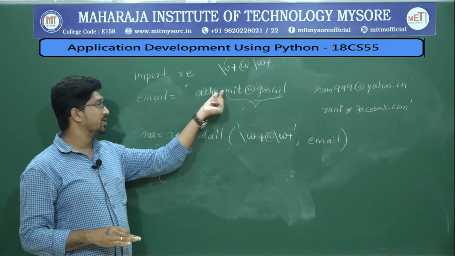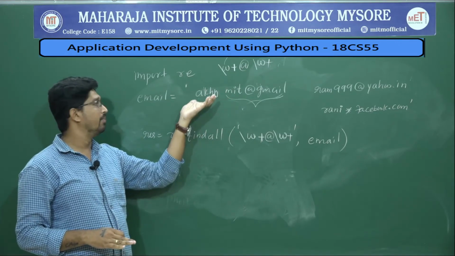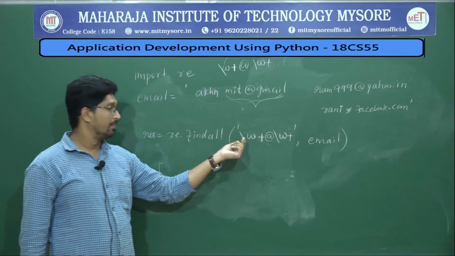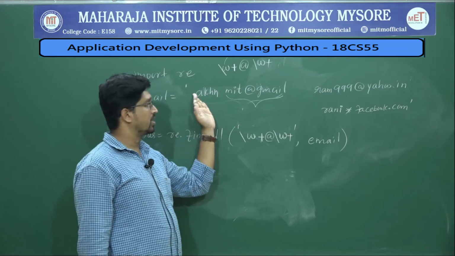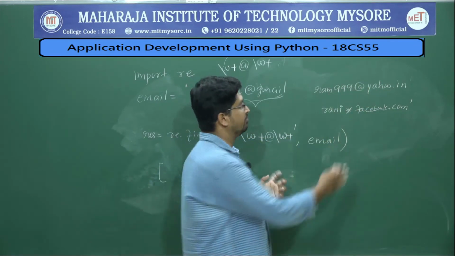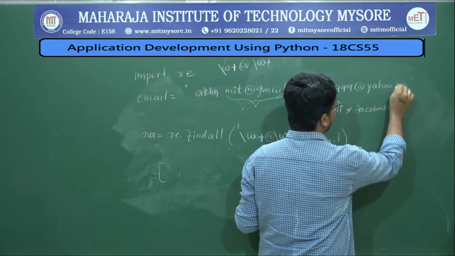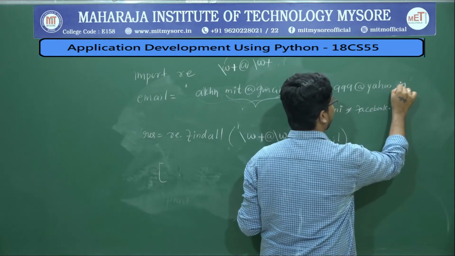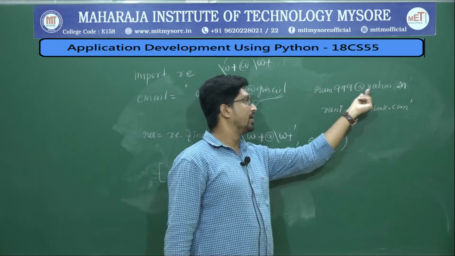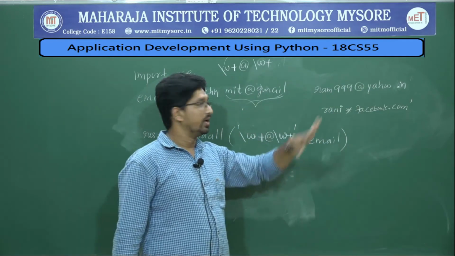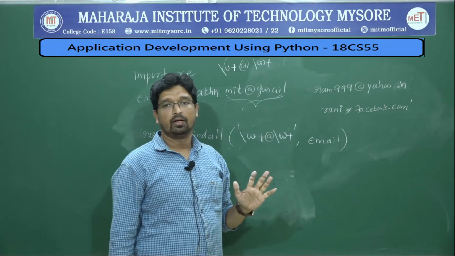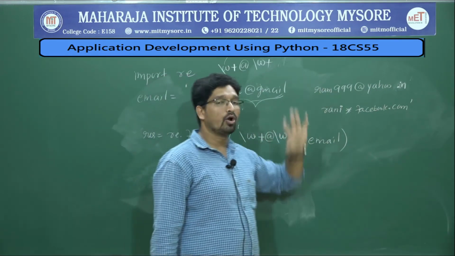There should be akhn at something, then it will be considered, but here we have akhn space, which does not match the regular expression, so it is discarded. ram399@yahoo.in will be considered. Again, if you write space dot in, only ram399@yahoo will be considered and dot in is neglected. Yes or no? So this is again the drawback.